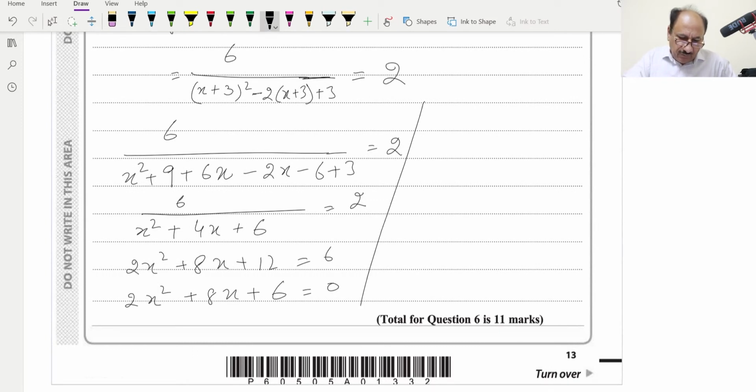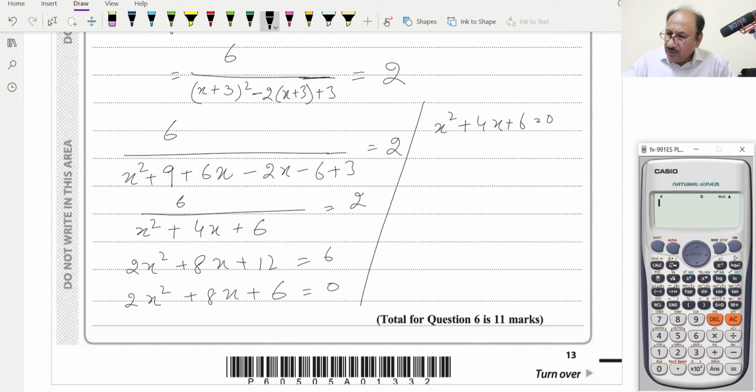And first of all, we will get rid of 2, so we'll get x squared plus 4x plus 3 is equal to 0. Now we can factorize, and the coefficient of x squared will be 1, the coefficient of x is 4, and the constant value is, basically what we have done, I think we have done something wrong.